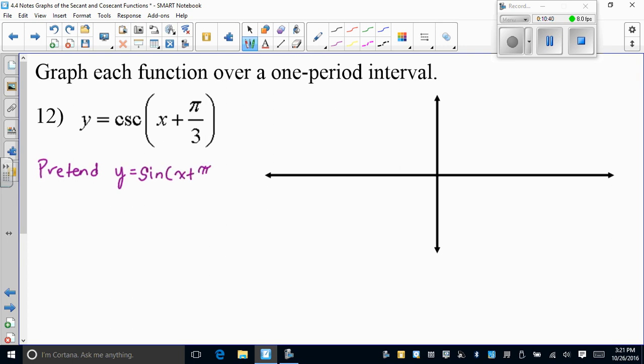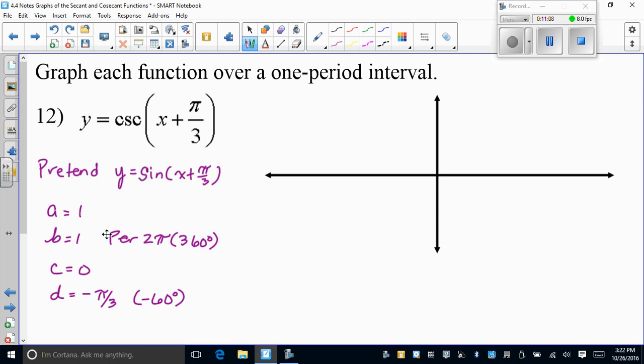So my a value equals 1, my b value equals 1, so my period is 2 pi, or 360 degrees. C equals 0, and D equals negative pi over 3, or negative 60 degrees. That is your phase shift. That's what they're telling you they're going to move.